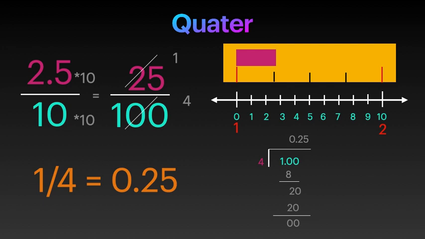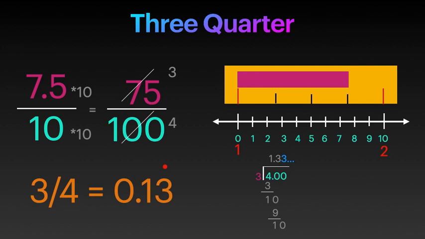Now both numerator and denominator are divided by 25. There is only one 25 inside 25 and four 25s in 100. Here is how we got 1 by 4 through our workout.